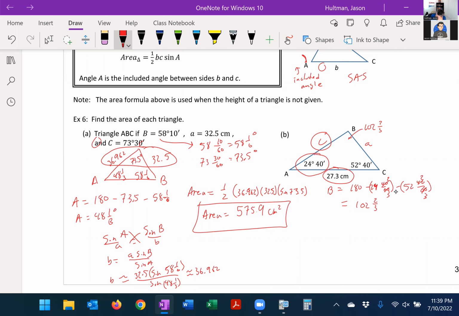Okay, now I can go sine B over B is equal to sine C over C. Okay, so cross multiply, I want to find out what side C is.